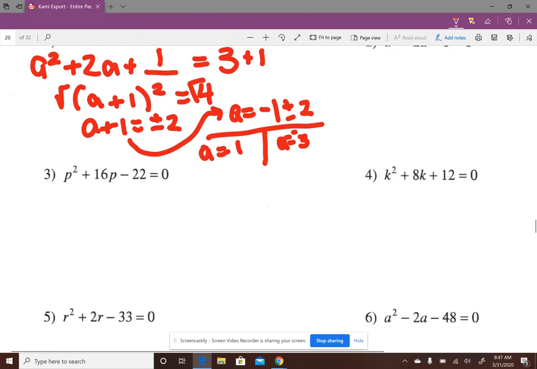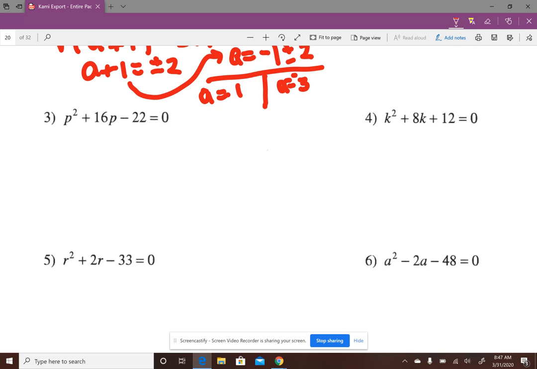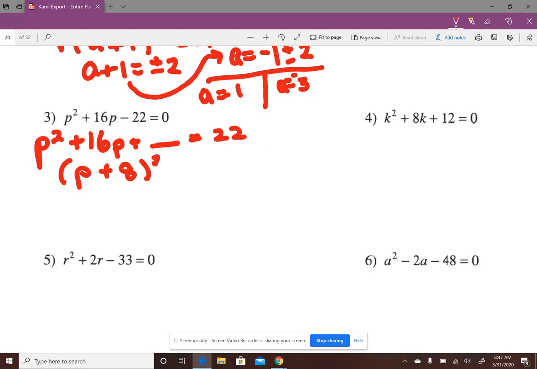Okay, number 3. P squared plus 16p plus, I don't know, equals 22. Half of 16 is 8. 8 squared is 64. So I'm going to add 64 to both sides because I need it to be a perfect square trinomial.